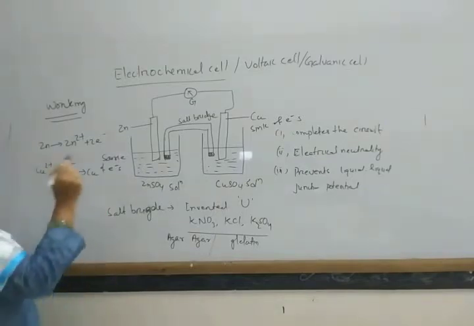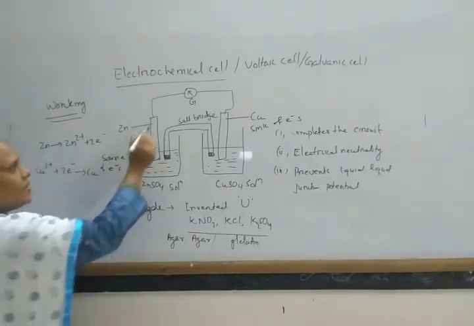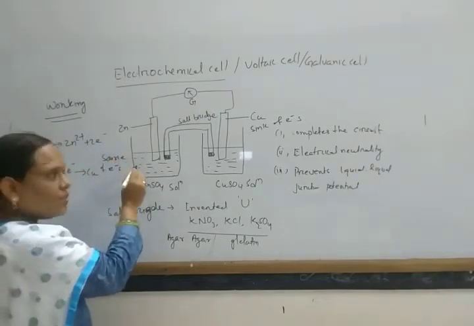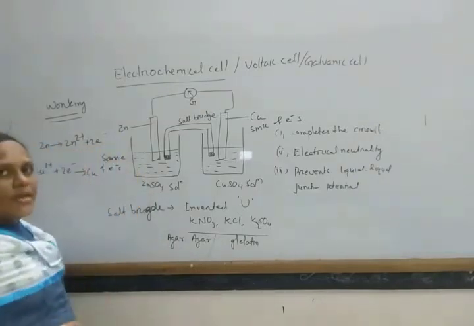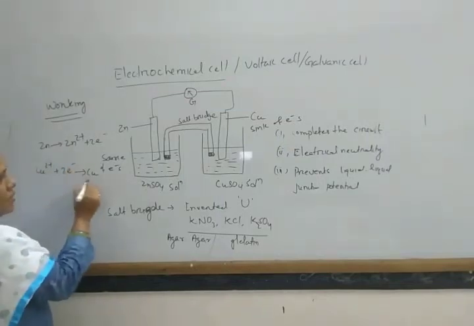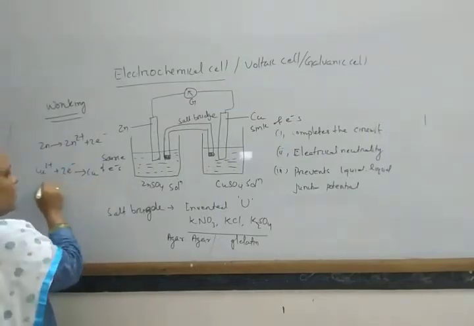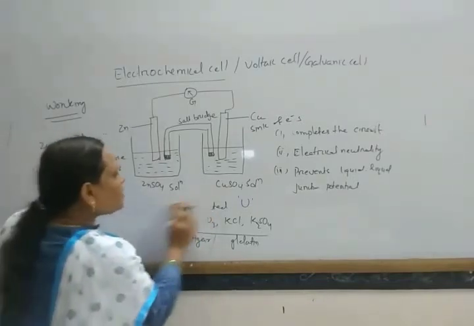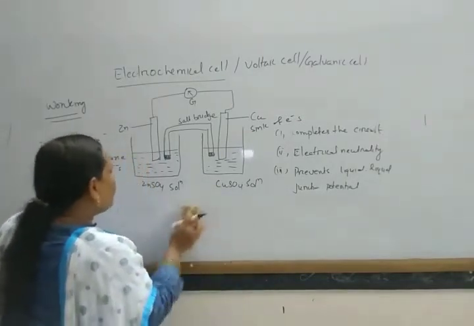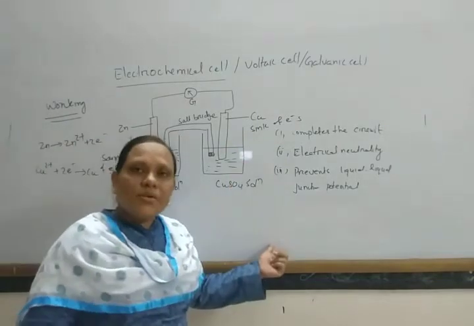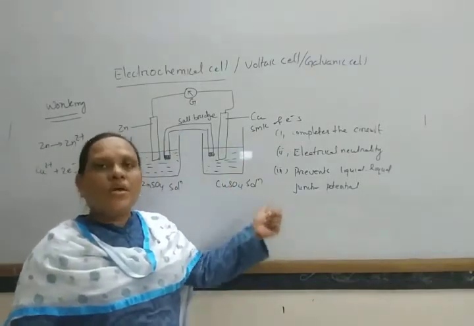So what happens at this zinc rod? Zn gives rise to Zn2+ plus 2 electrons. Loss of electrons takes place. And Cu2+ plus 2 electrons gives Cu. Here gain of electrons takes place. Where loss of electrons takes place, that is known as oxidation, and where gain of electrons takes place, that is known as reduction.